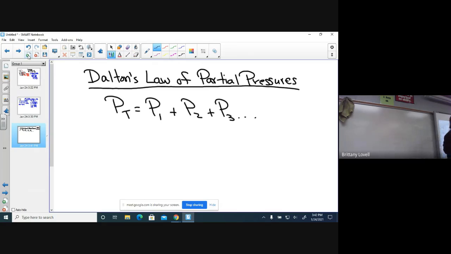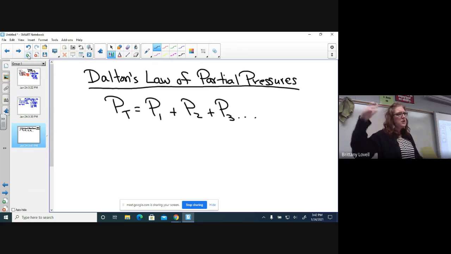So PT is equal to P1 plus P2 plus P3, dot dot dot, however many gases are in there. For instance, if you were going to go scuba diving and you get one of those scuba tanks that has nitrogen gas and oxygen and a variety of gases, you could figure out the total pressure of the tank if you knew the pressures of all the gases in the system.